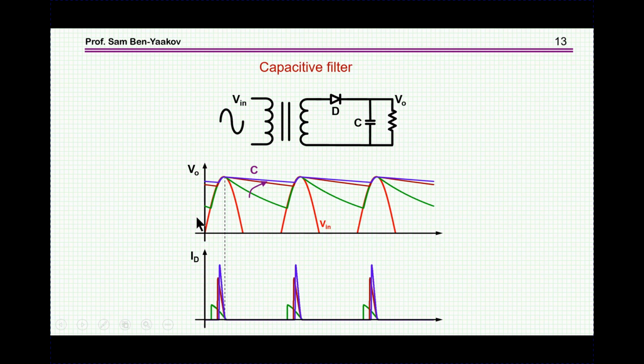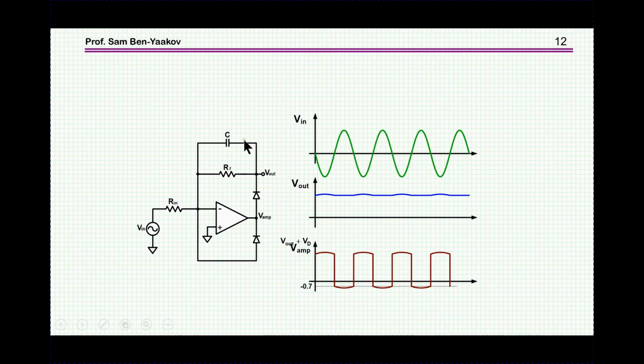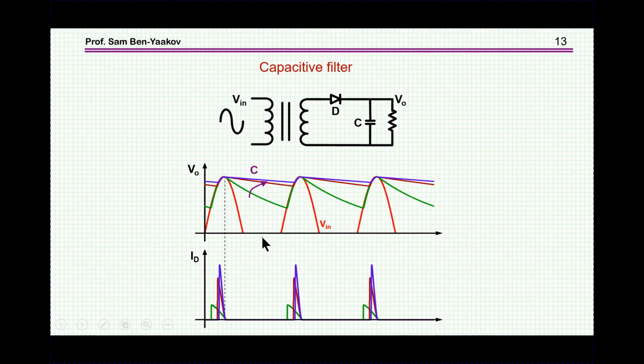But there is another point here that has to be taken into account, and it is actually a source of confusion, and I like to clear it up. There is a major difference between this case and this case. And let me clarify. In this case, we are feeding AC here. I'm just showing a transformer. It doesn't have to be a transformer.